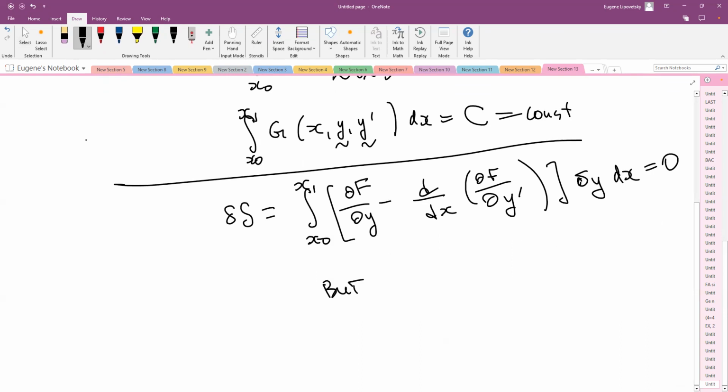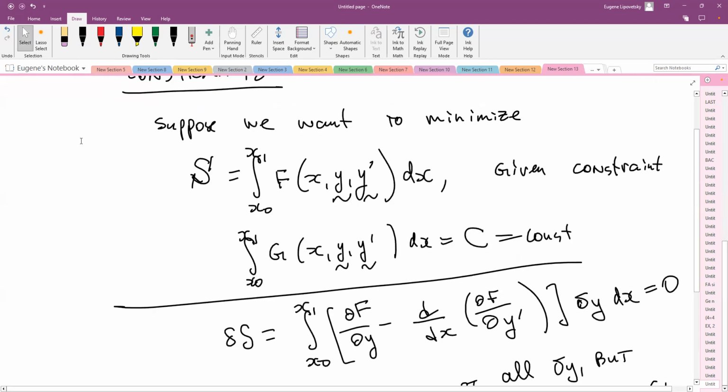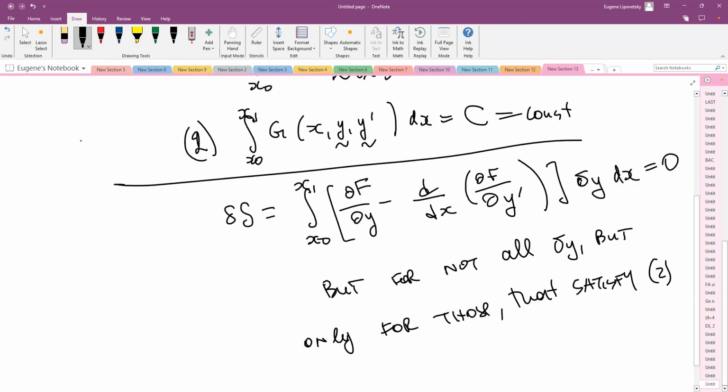But not for all delta y's, only for those that satisfy condition 2. Again, let's call it a column vector.